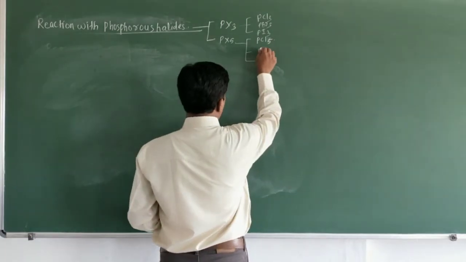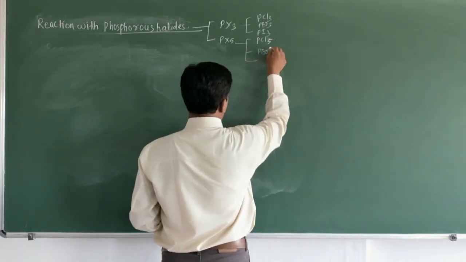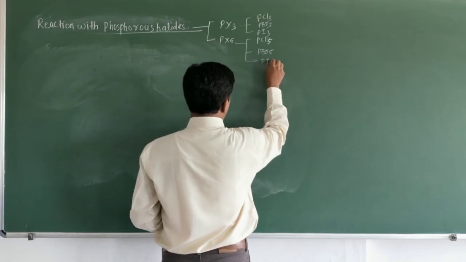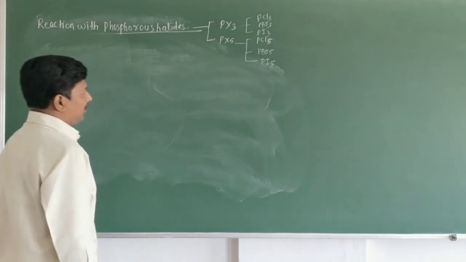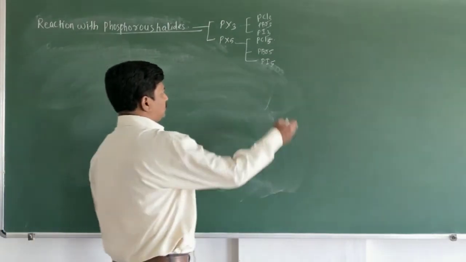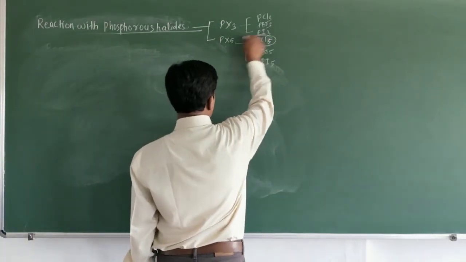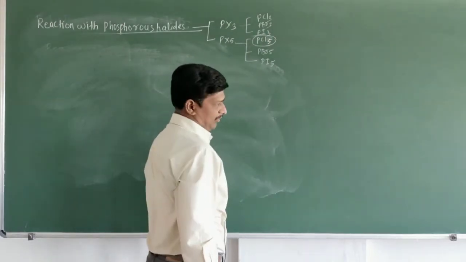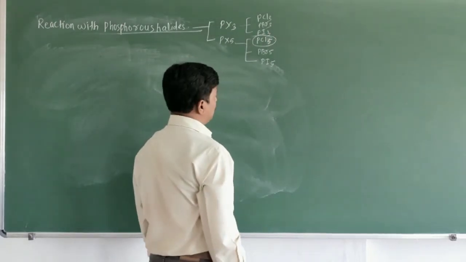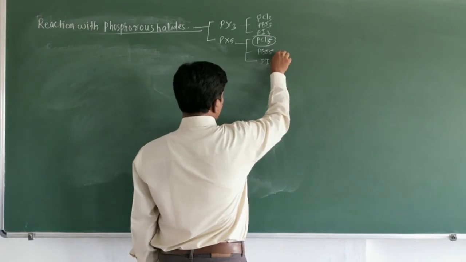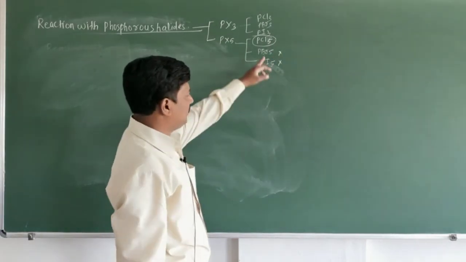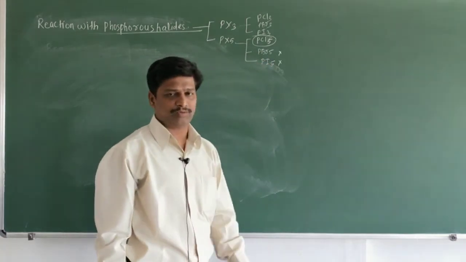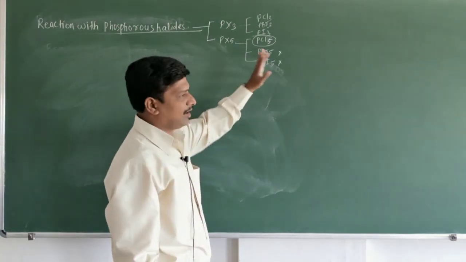Then next one is PBr5, the phosphorus pentabromide, and third is PI5, the phosphorus pentaiodide. But here we will discuss the reaction with only PCl5, phosphorus pentachloride, and not with phosphorus pentabromide and phosphorus pentaiodide, because these do not exist.